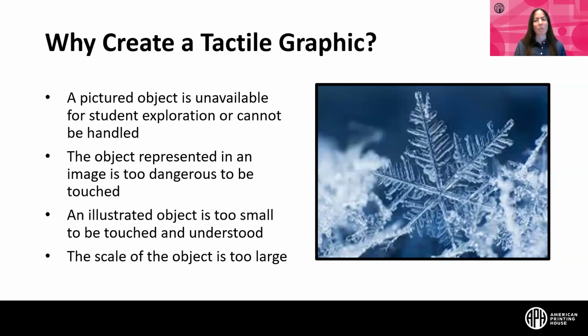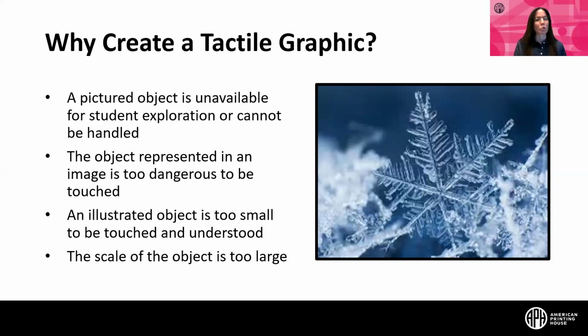The object that's represented in an image might be too dangerous to touch, and maybe our students can experience it in other sensory ways, but they should not touch it, like an erupting volcano, for example, or poison ivy, or a campfire. Also, an illustrated object might be too small to be touched and understood fully, like a plant cell, or a gnat, or an atom.